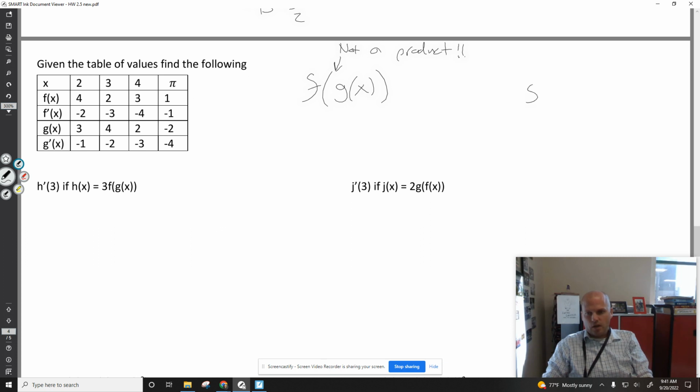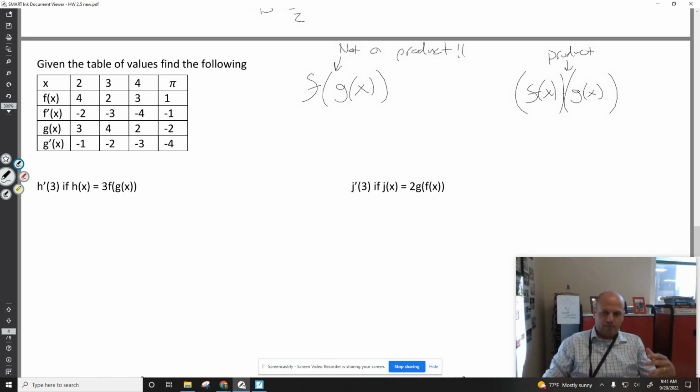A product of two functions would be written as f of x times g of x. It's like x's times x's. That's a product. This is g inside of f. It's composed. It's not x's, not a product. Don't think of it as a product rule.